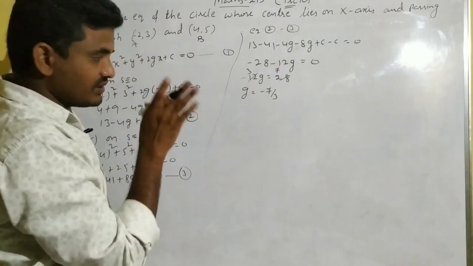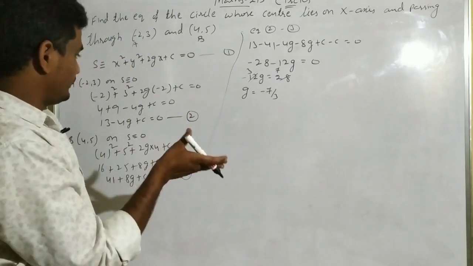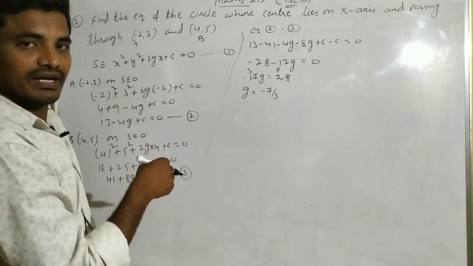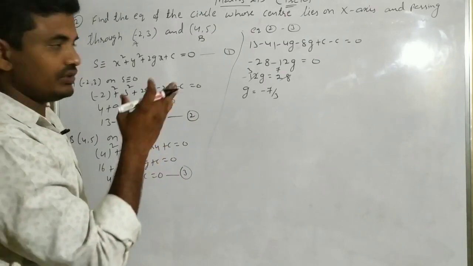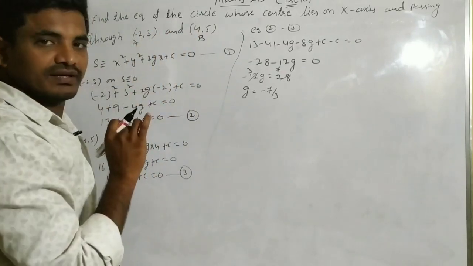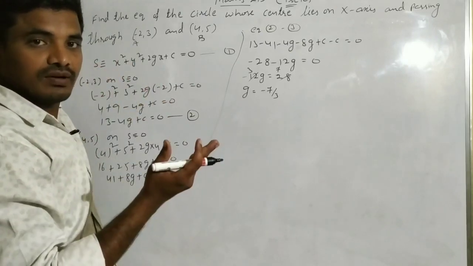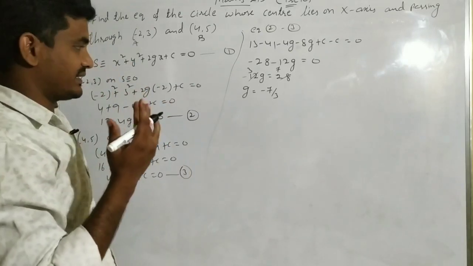Finally, the g value, when you substitute in equation 2 or 3, you will get the c value. After getting c and g, you have to substitute in equation number 1, and you will get the circle equation with center on the x-axis.